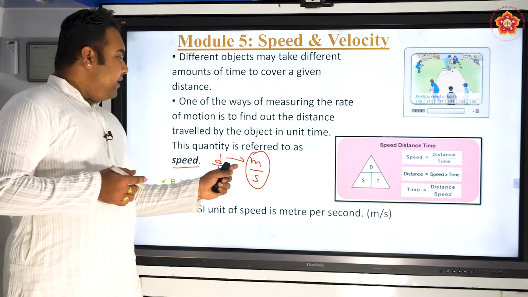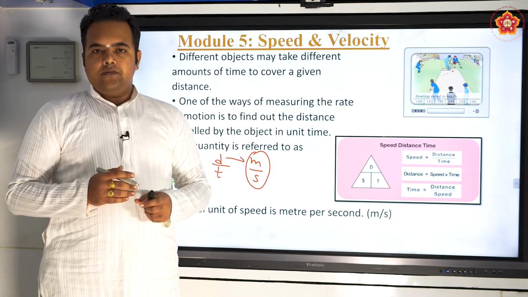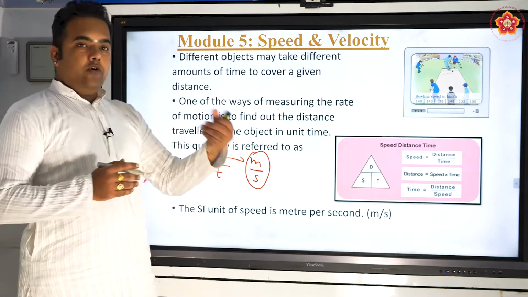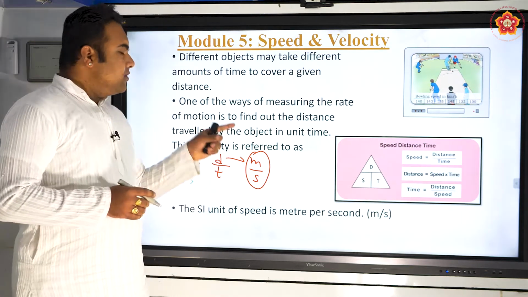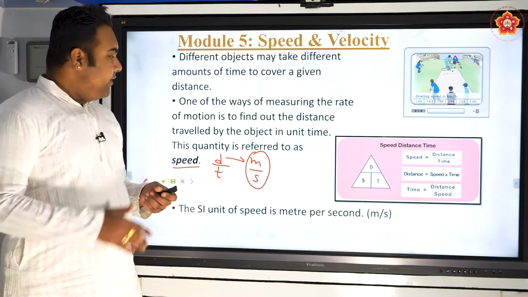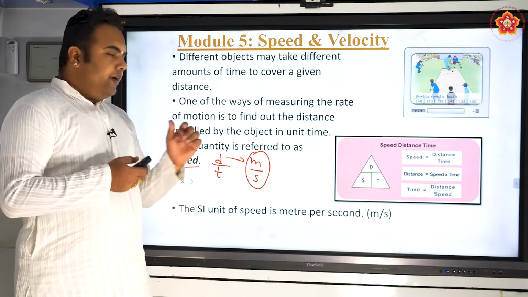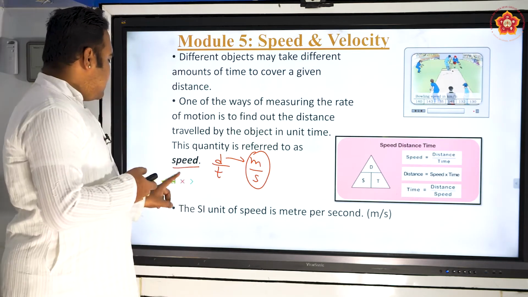Of course, we can convert this into various other practical units also. Suppose the distance covered is in kilometers and time generally is measured in hours. So therefore speed is also expressed in kilometers per hour. So though there are various other units of denoting speed, the SI unit of speed is taken as meters per second.